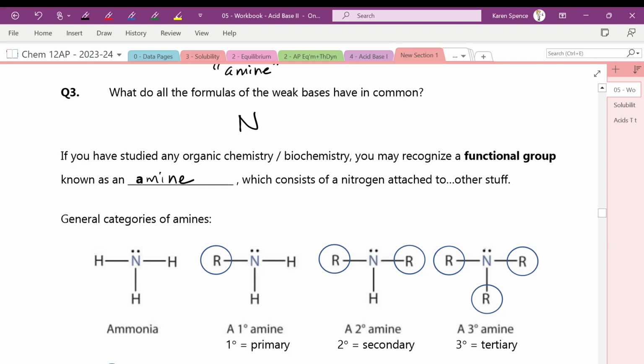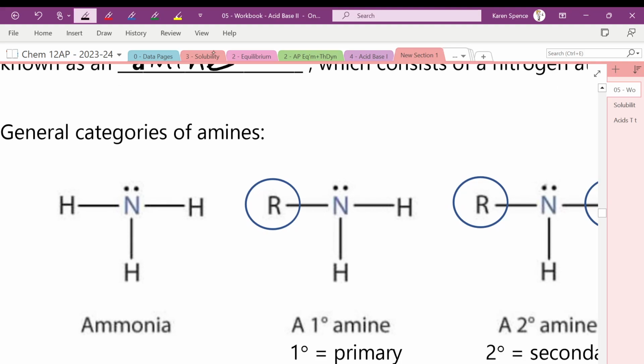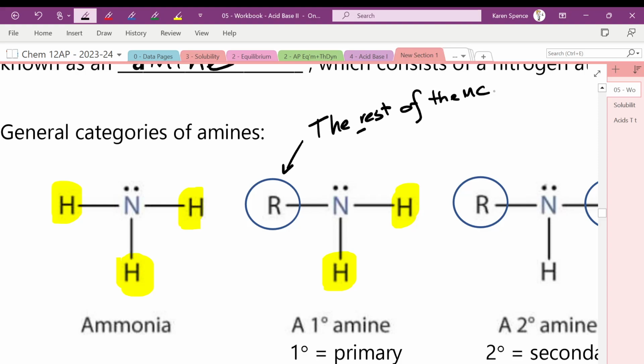So, general categories of amines: we have nitrogen with 3 hydrogens. We have nitrogen with 2 hydrogens and an R. What does R stand for? The rest of the molecule. It's going to be some sort of carbon chain. There could be other functional groups on it, but we have a carbon chain there.